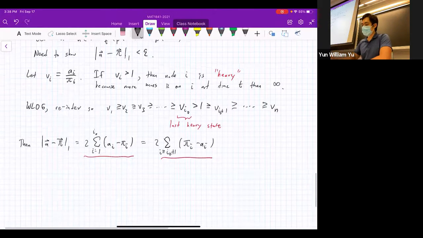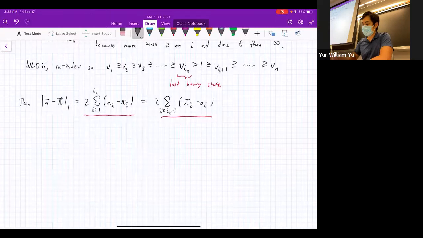Why is it true that they're equal? Because we know that the total mass of a and the total mass in pi are both 1, right? Because they're both probability vectors. And what we also know is that if you take this difference, there are some spots where you have holes in a and some places where you have piles of dirt.